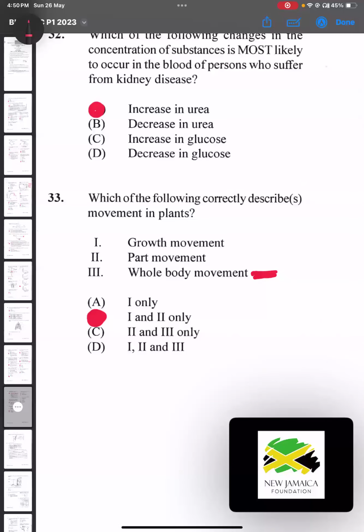They might move different parts of themselves, so their leaves or their stems. And we have growth movements when they grow towards the light or they grow in the opposite direction of gravity. But outside of that, we don't see any form of whole body movement in any plant. So it is obviously a part movement or a growth movement. So our answer is B.